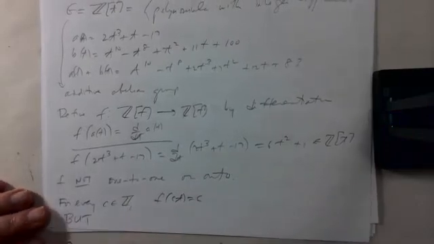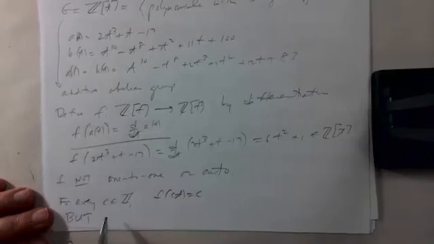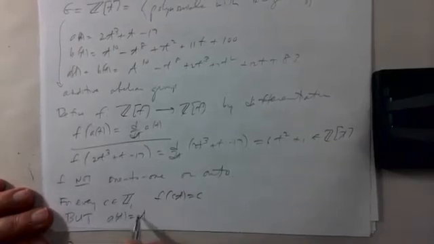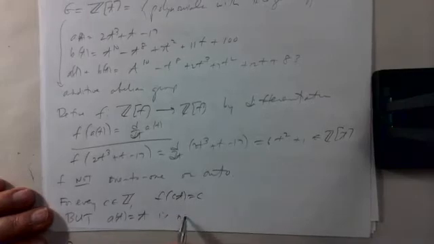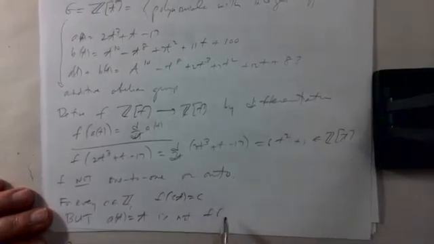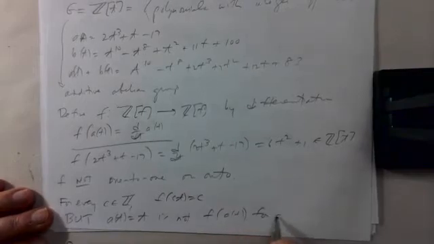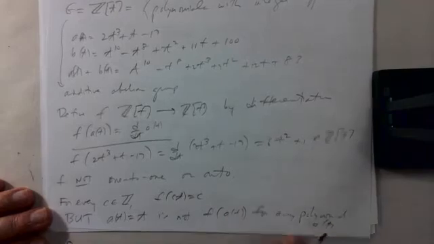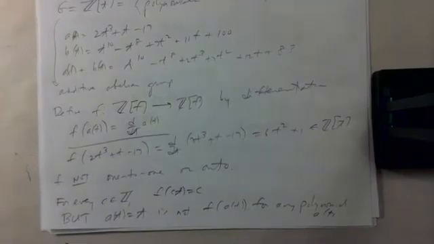But the polynomial a of t equals t is not f of a of t for any polynomial, right? Because what polynomial when you differentiate it gives you t? Well, a half t squared, but a half is not an integer, so it's not in this ring.